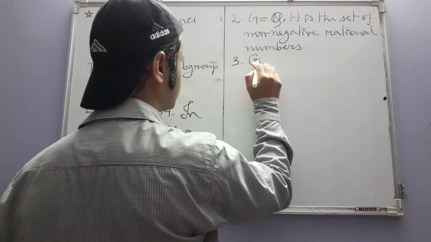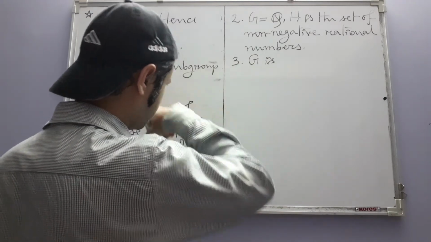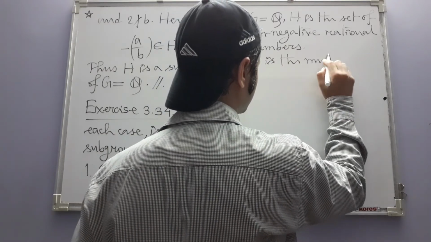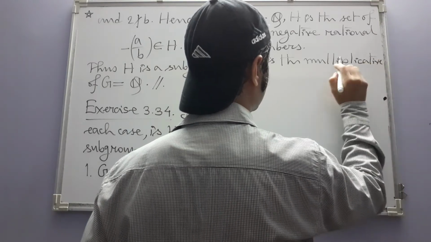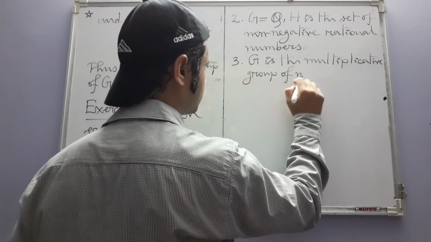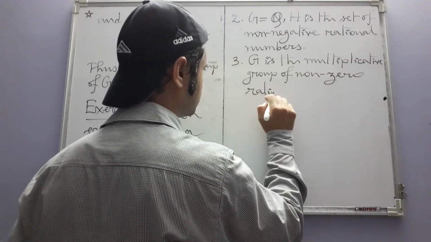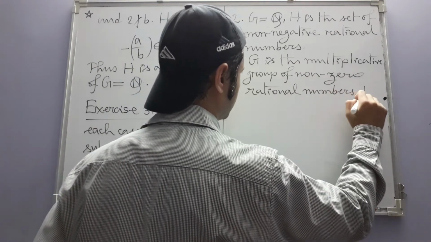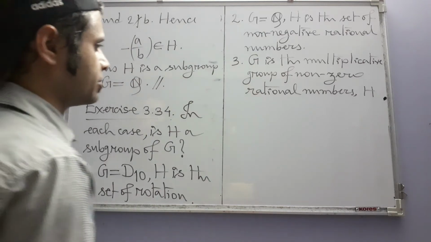This time they are considering again the set of rational numbers without zero, and the operation is multiplication. Multiplicative group of non-zero rational numbers. And H is the set of all positive rational numbers.